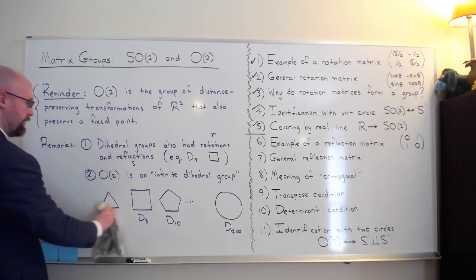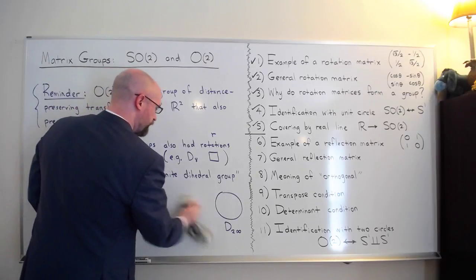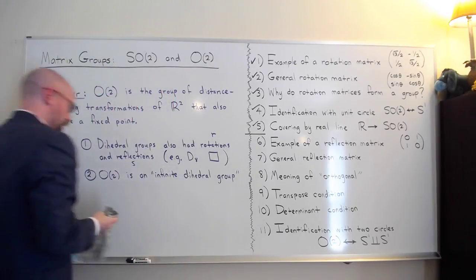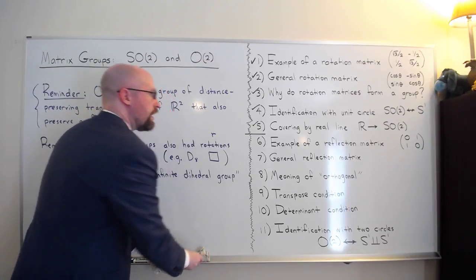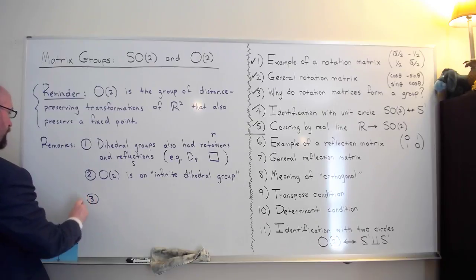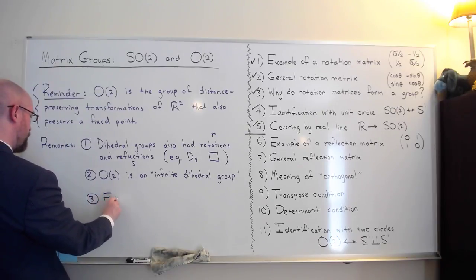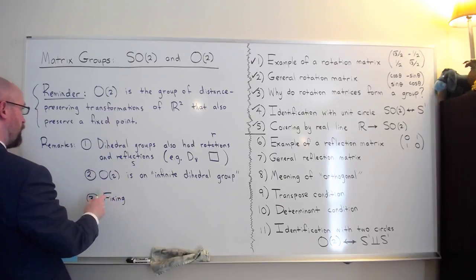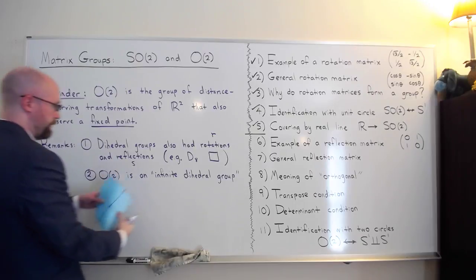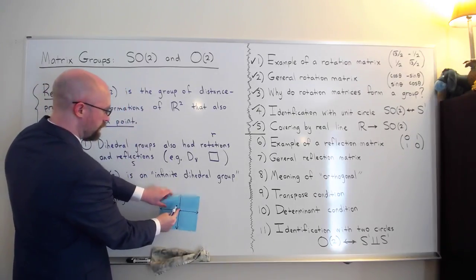Now let me take off this just so I can fit another remark on here. There's some similarity. So this business about a fixed point, the idea that you're not allowed to move this point.